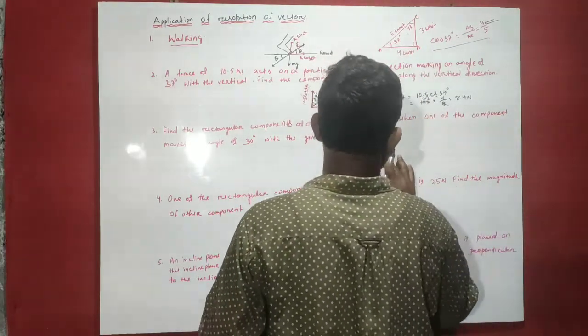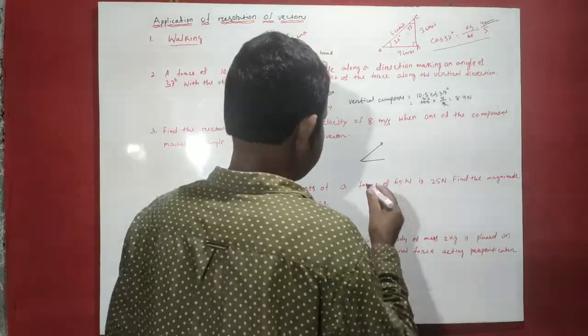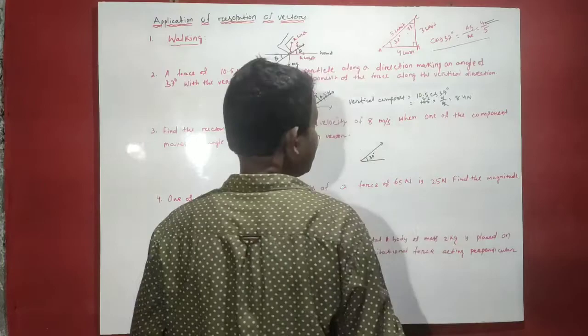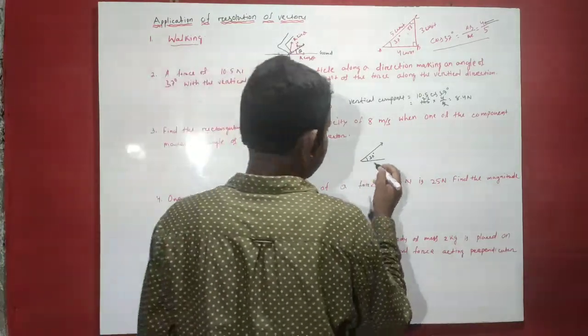This is a vector making an angle of 30 degrees with its components.